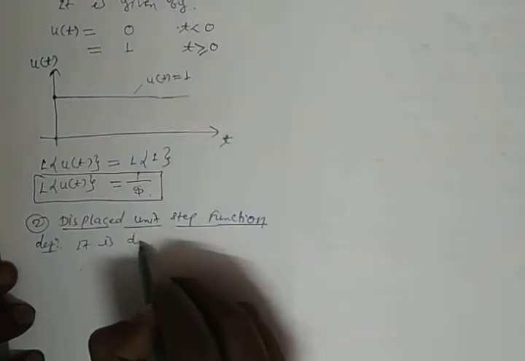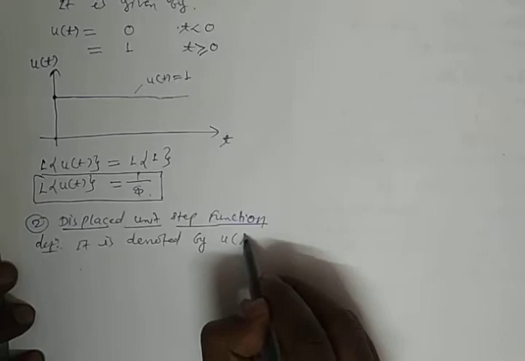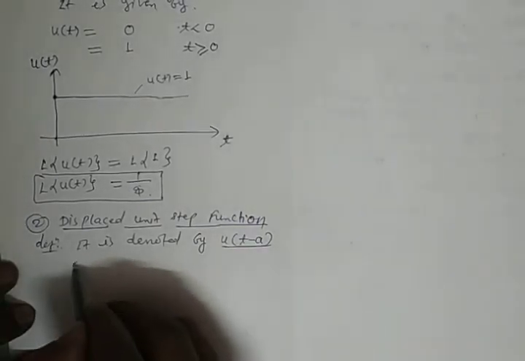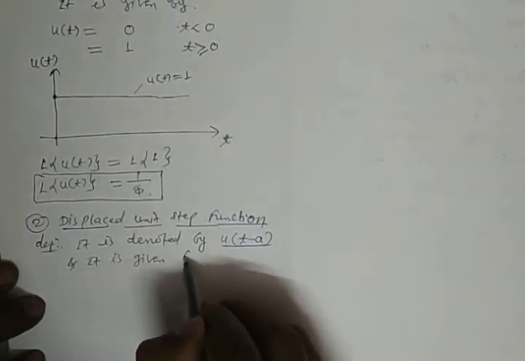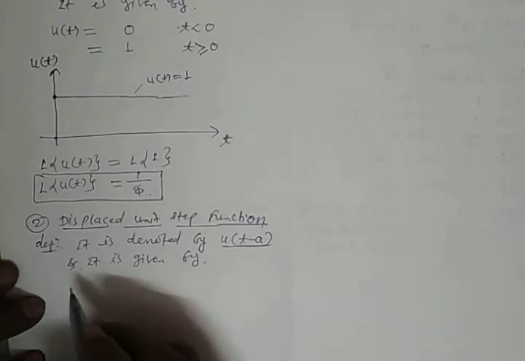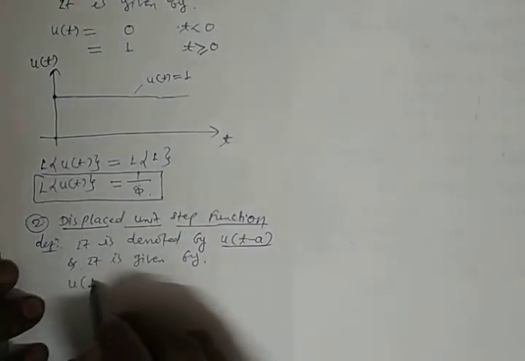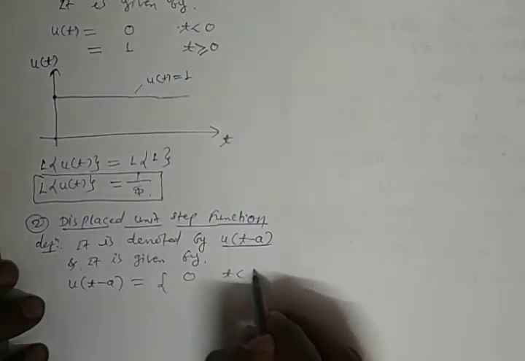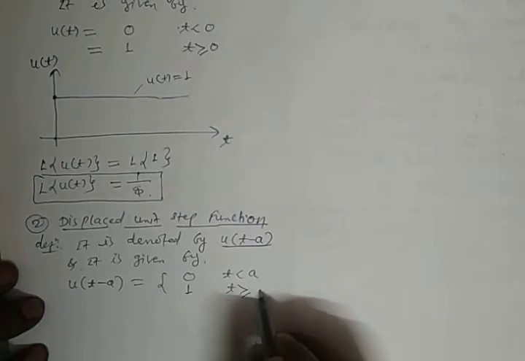It is denoted by u of t minus a, and it is given by u of t minus a is equal to 0 for t less than a and is equal to 1 for t greater than or equal to a.